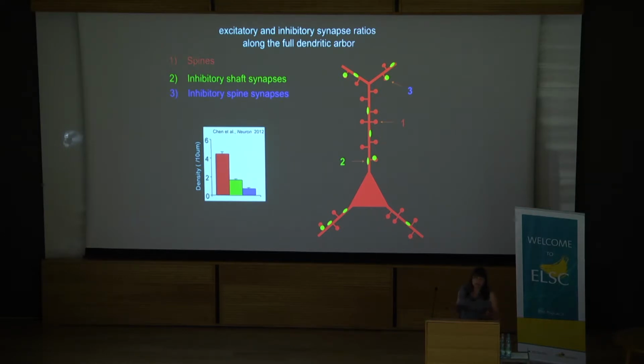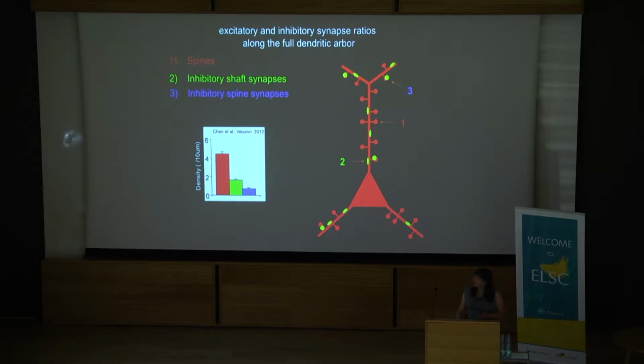So not an insignificant fraction. So that suggests that the inhibitory population is maybe not uniform in terms of their potential role in dendritic integration.